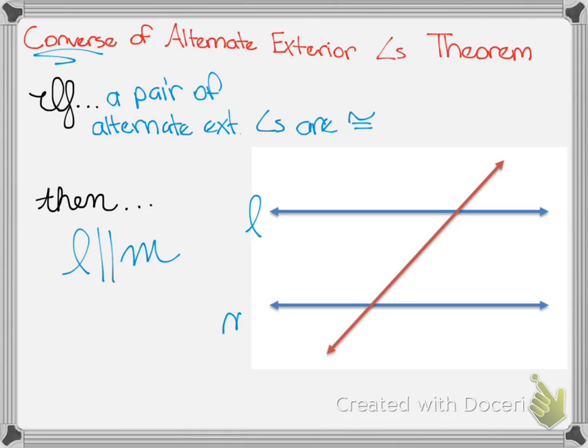Sometimes we'll be given a picture or a diagram, and we'll have to determine whether or not lines are parallel based on that information. So alternate exterior may be like this one here, and then this one here. If I know that they have the same measure, then I know they're congruent. They are alternate exterior, therefore those lines are parallel.